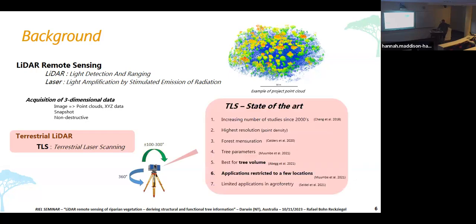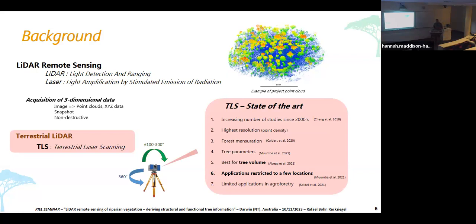What we know specifically about terrestrial LiDAR is that since the 2000s, we have commercial sensors being sold, and it still has the highest resolution, so the highest point cloud density among other LiDAR sensor and platform combinations. It has been used for forest mensuration and deriving tree attributes, and it's at the moment the best for deriving tree volume.